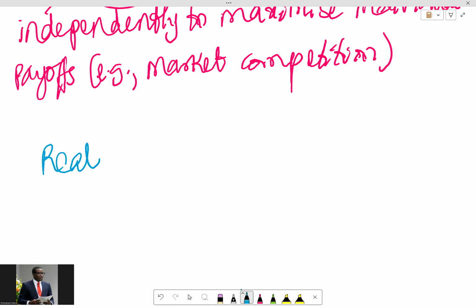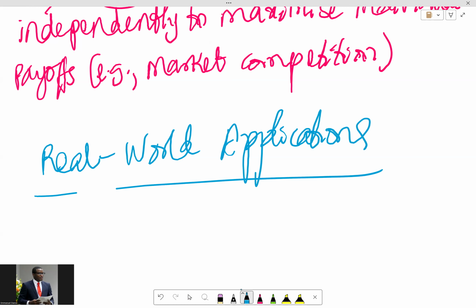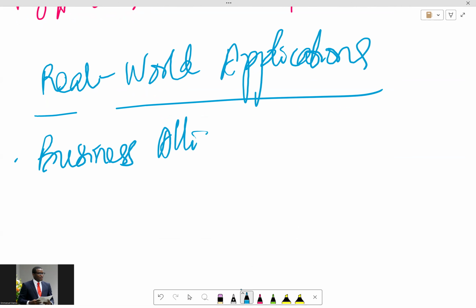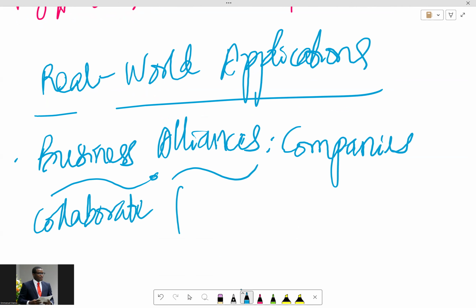Real world applications. We talk about business alliances, for instance. Here, companies collaborate for shared benefits.